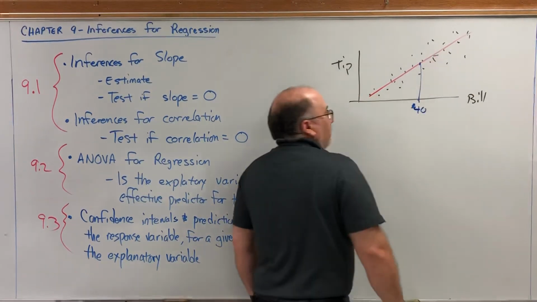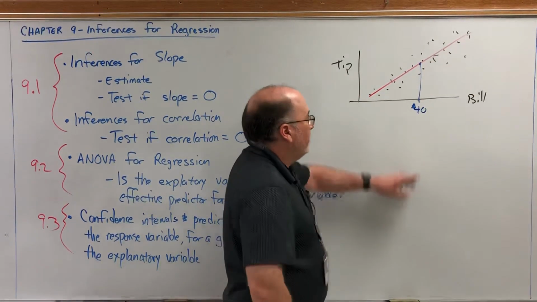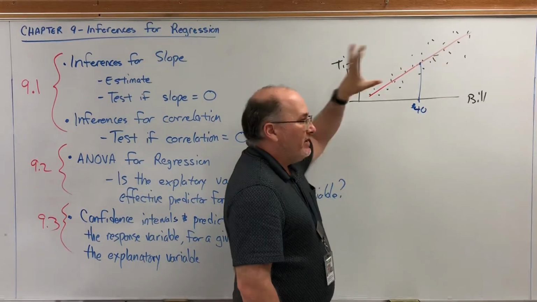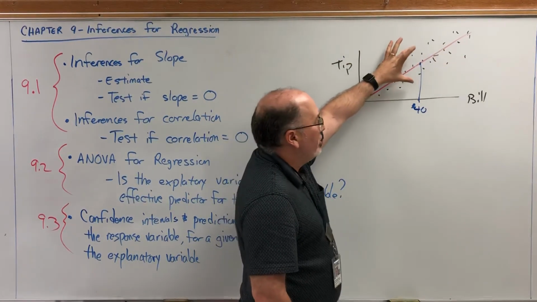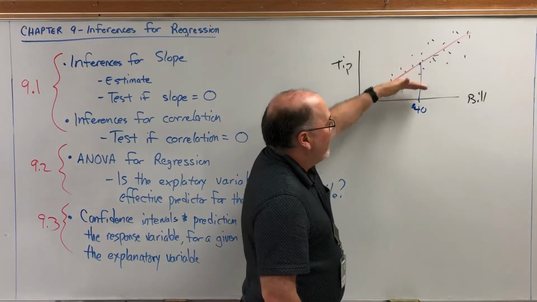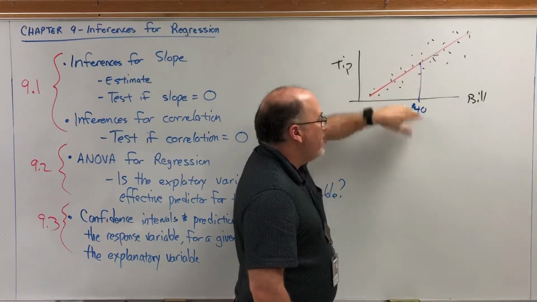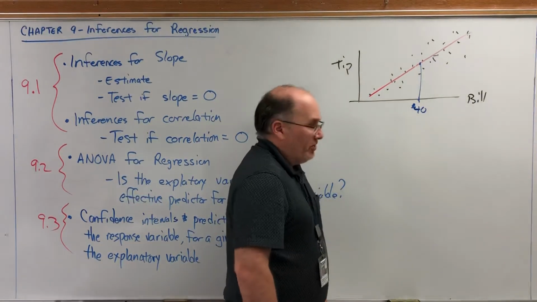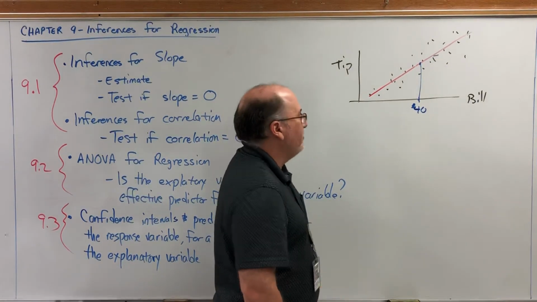We can ask ourselves 2 questions. Number 1, based on what we know from the sample regression, can we estimate for the population what the average tip amount would be when the bill is $40? That would be a confidence interval. A prediction interval is something a little different.